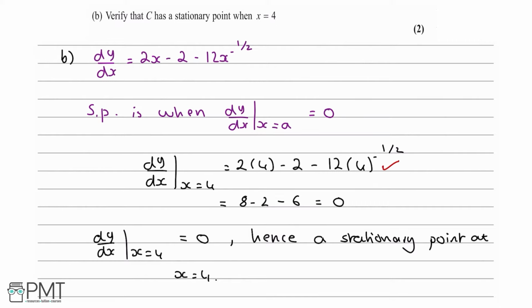Your second mark will come from showing that dy by dx equals 0, and then using it in your argument to say hence a stationary point at x equals 4. Bear in mind that saying dy by dx at x equals 4 equals 0 and hence a stationary point at x equals 4 are both required to get the second mark. So if you only have one of them, you don't get any credit.